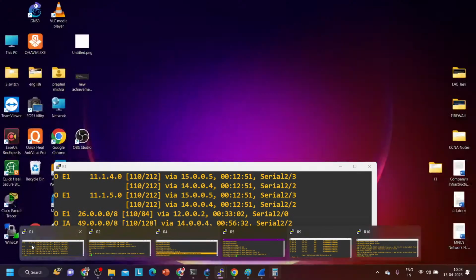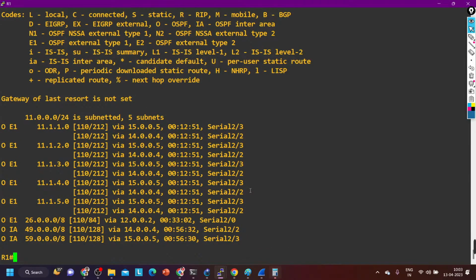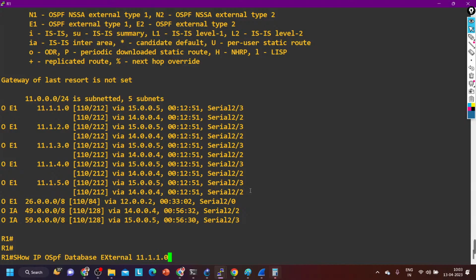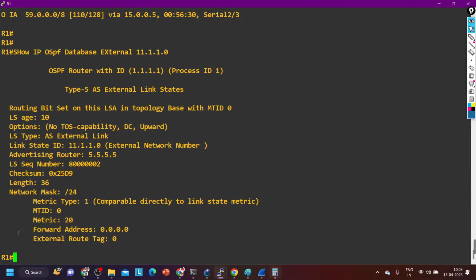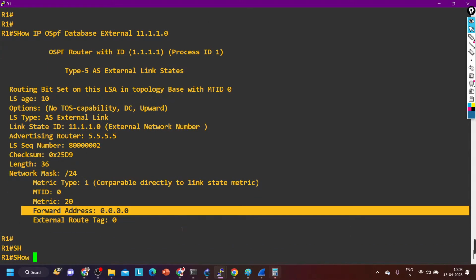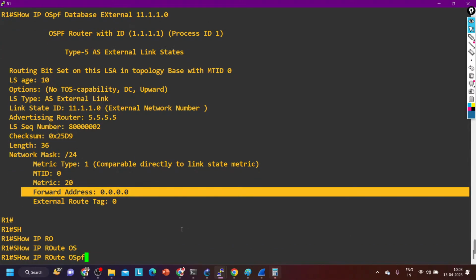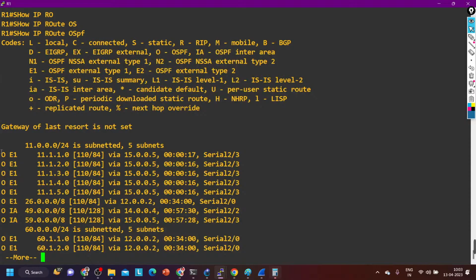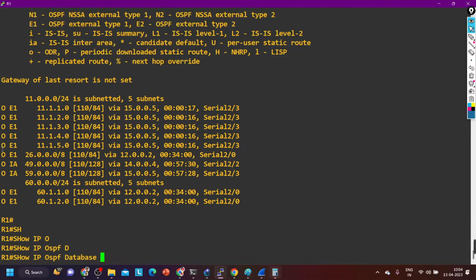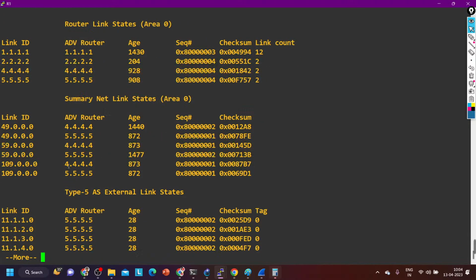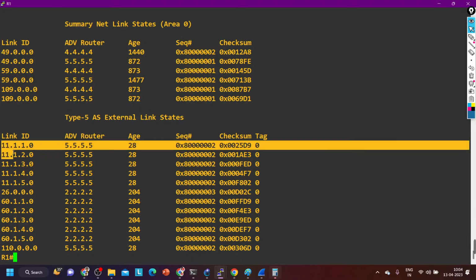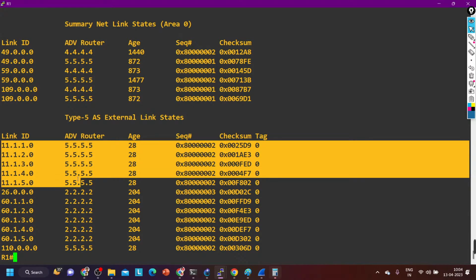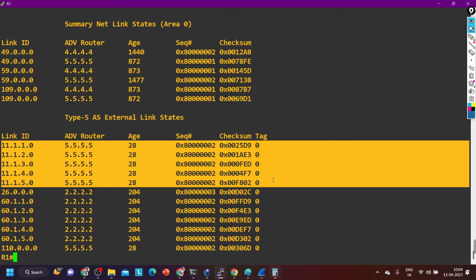Now on router number 1 you can see, show ip ospf database external, this one's forwarder address is now 0.0.0.0, and this time, show ip route ospf. You can see the router stopped performing load balancing, because now the router is thinking I am getting these prefixes from 5.5.5.5, so show ip ospf database. So now router 1 is thinking that the actual advertiser of these prefixes is 5.5.5.5, yes or no? Because the forwarder address is now 0.0.0.0. Got it, guys?